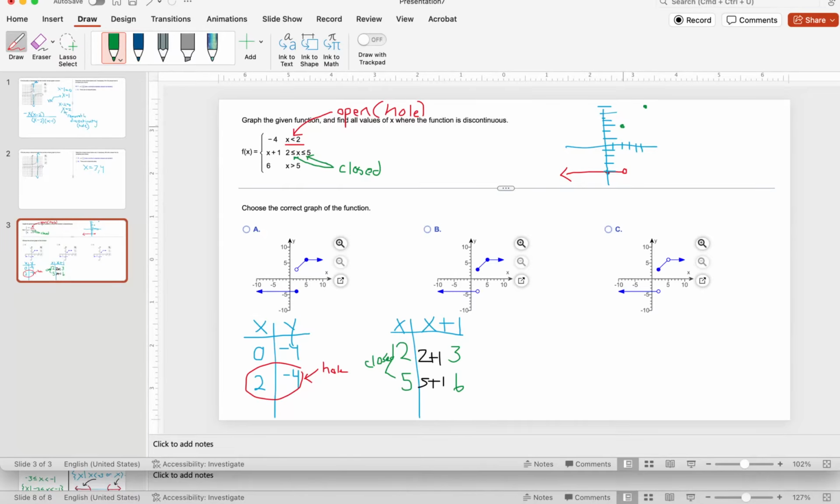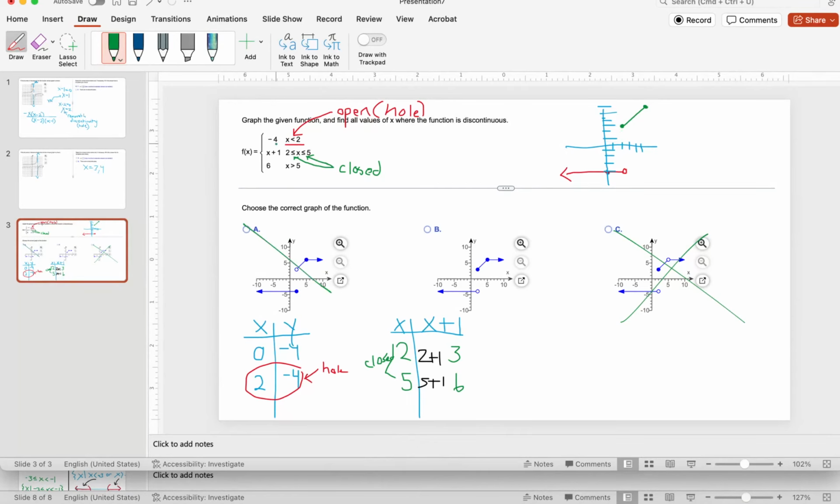Okay, so this is going to be like this. It's filled in. There's no hole right there. Means this one's out, right? And you see how it's open and then closed there? That's this one. It's not this one.